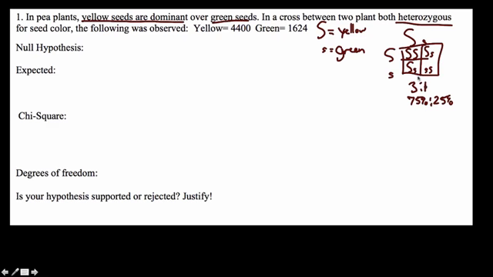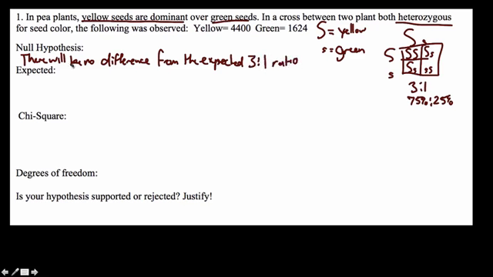So, based on this outcome, we're going to say that our null hypothesis is that there will be no difference from the expected 3-to-1 ratio for complete dominance. Okay, so there would be no difference. We expect it to be this. So we have to calculate what we should expect from this.